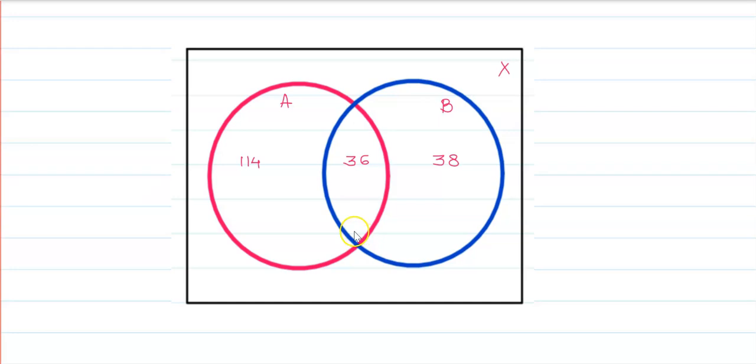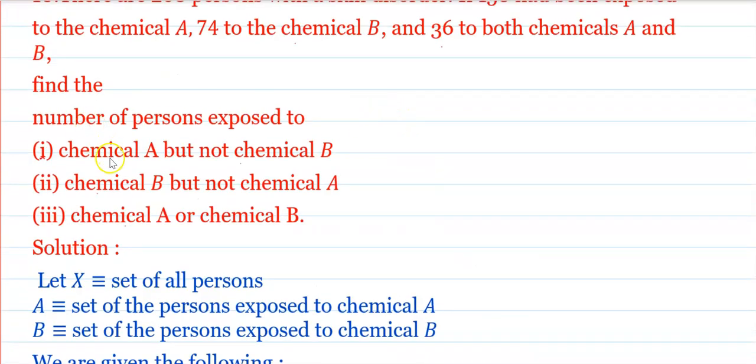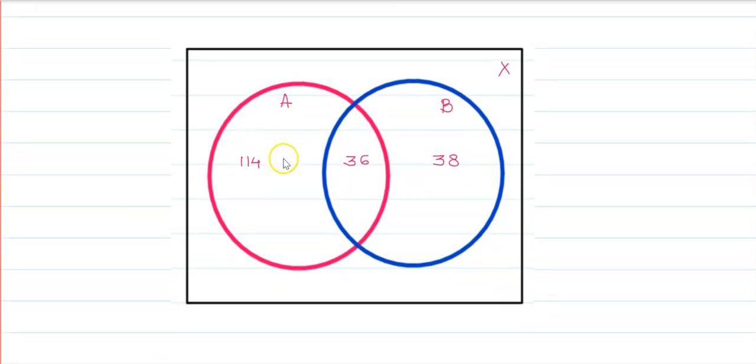Now what is the first question? That is the number of persons who were exposed to chemical A but not chemical B. And this is the portion. See here, these are the persons who were exposed to chemical A and not B. They are 114.